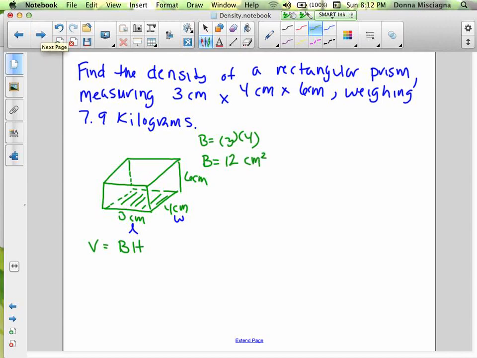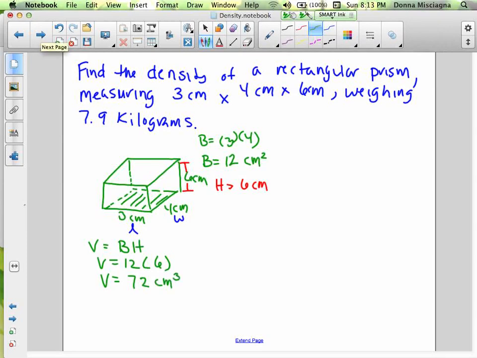The height is just the distance between the two bases, the top and the bottom. So the height is 6 centimeters. And so to find the volume, we take the area of the base, which is 12, times the height, which is 6. So the volume of the rectangular prism is 72 centimeters cubed.